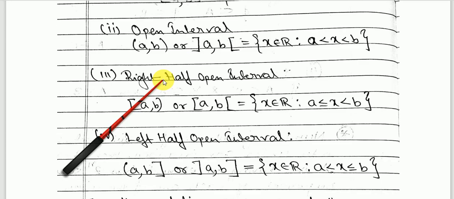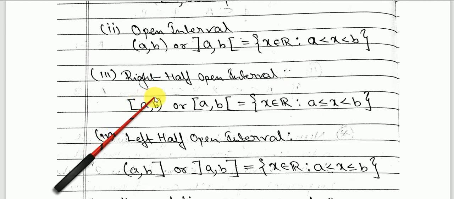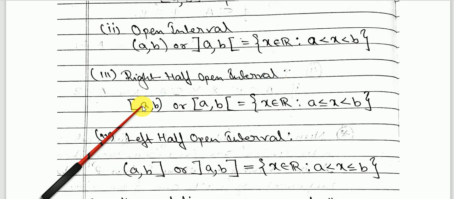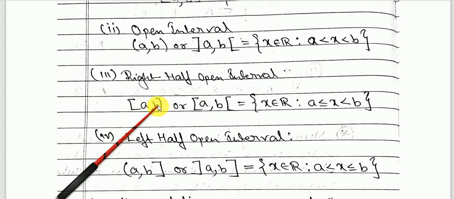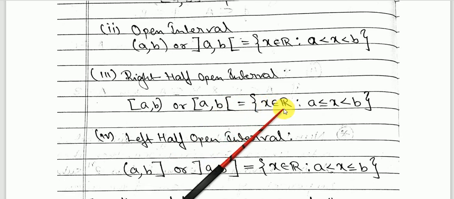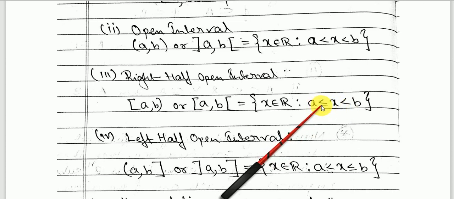Right half open interval. On the right it is open, and on the left it is closed. So closed means a is included in the set and b is excluded from the set. So this is a set which contains all real numbers lying between a and b, where a is included and b is excluded.